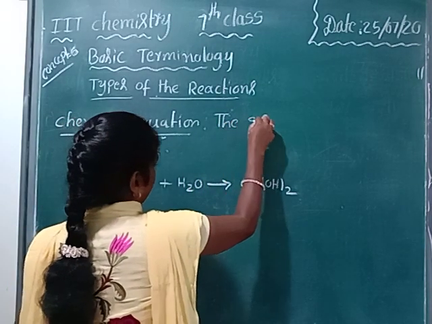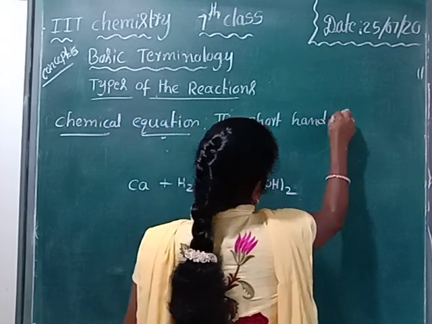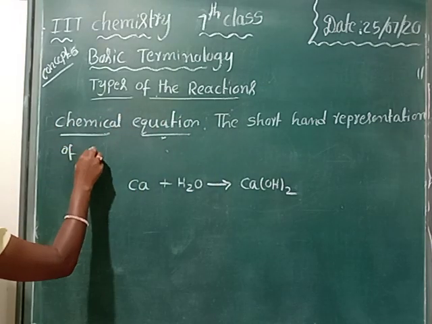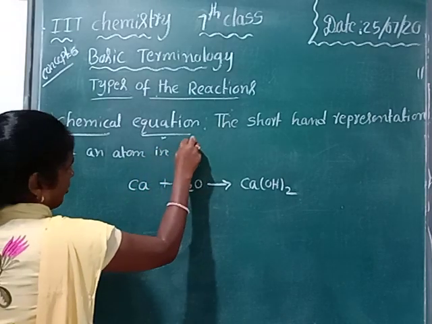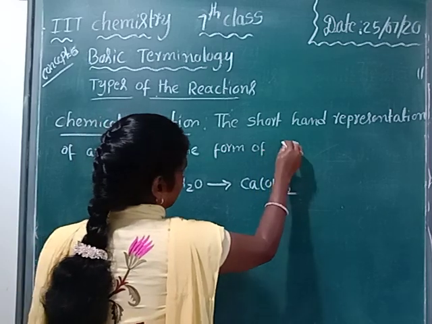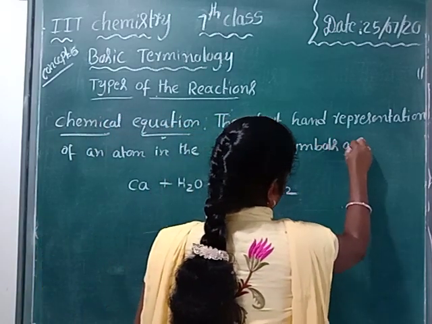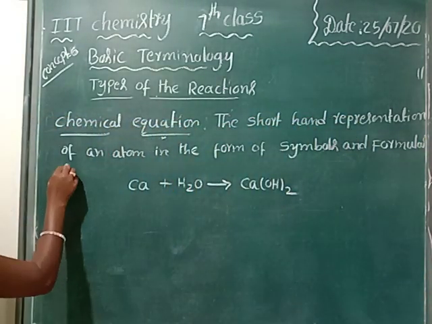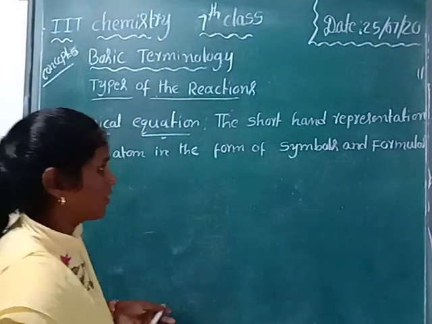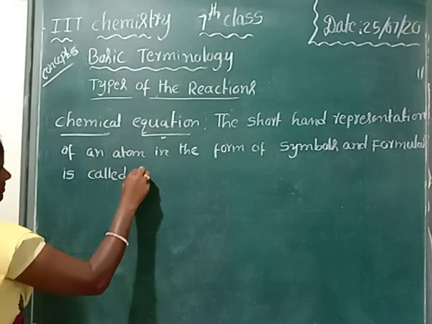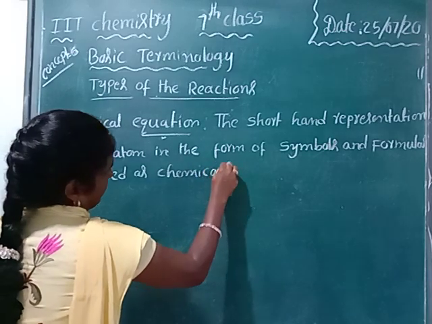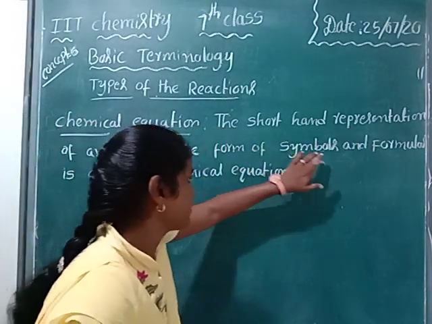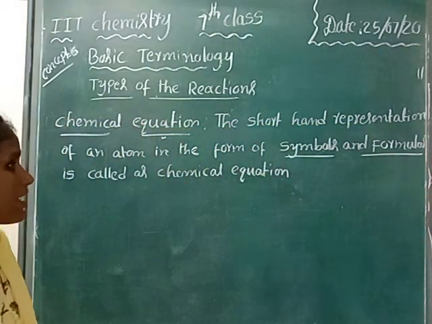The shorthand representation of a chemical reaction in the form of symbols and formulas is called a chemical equation.